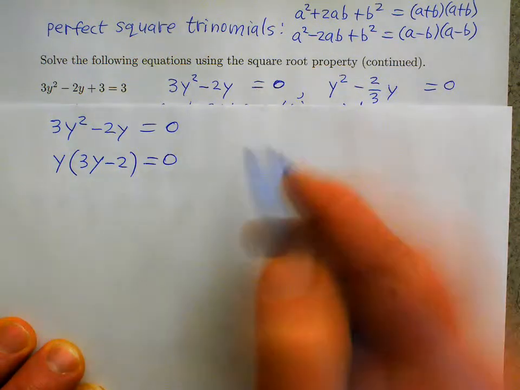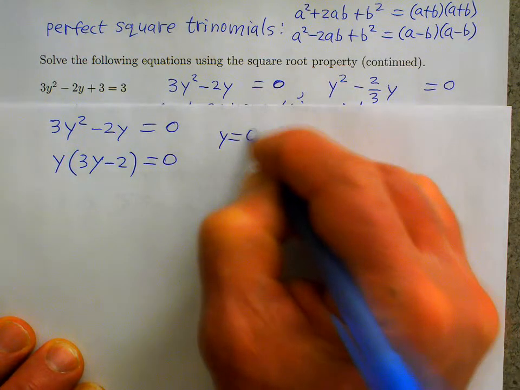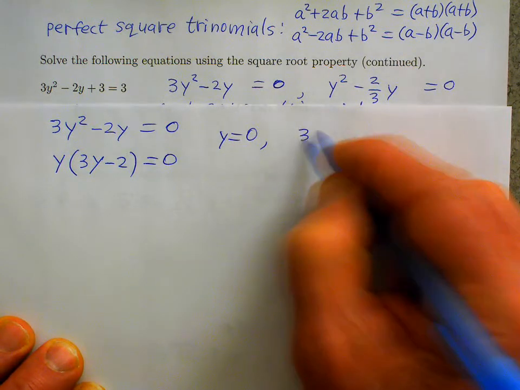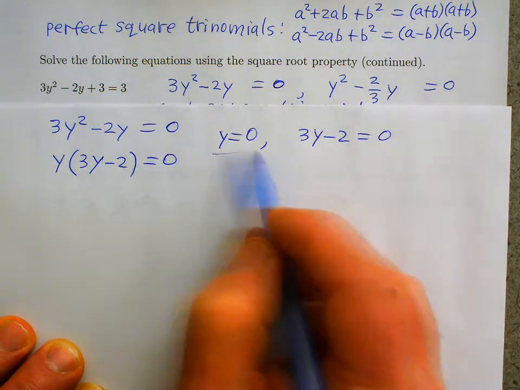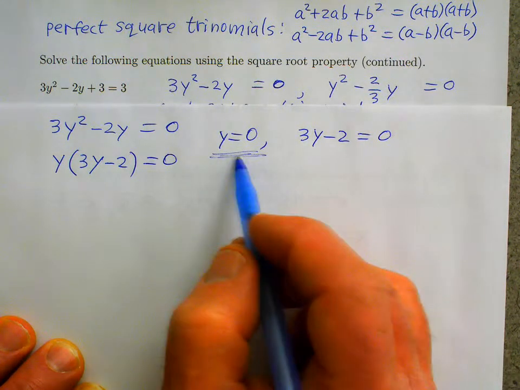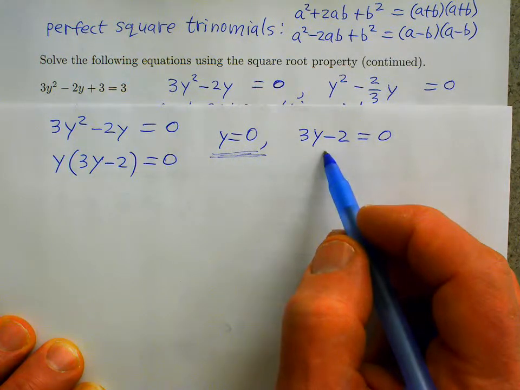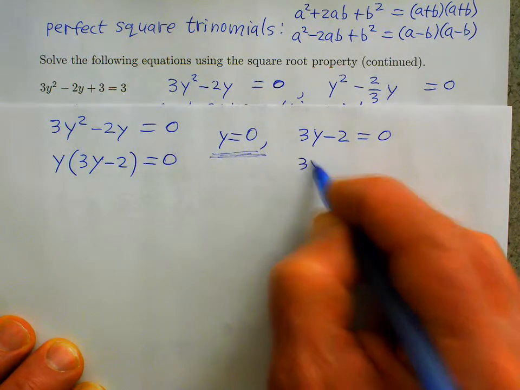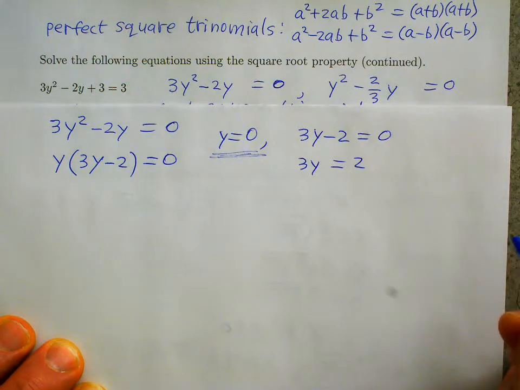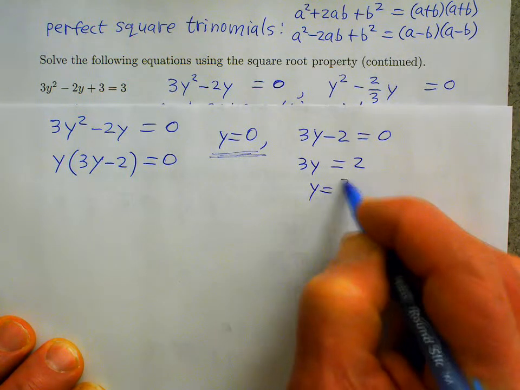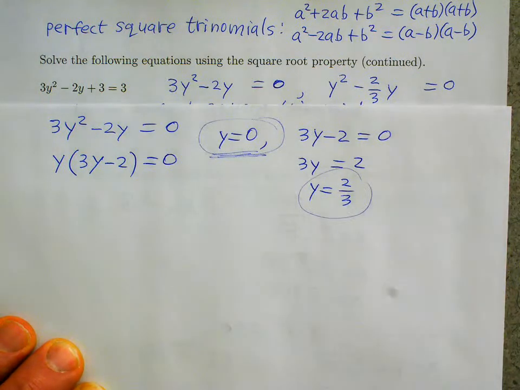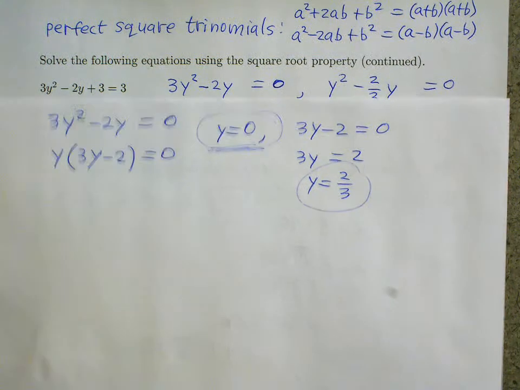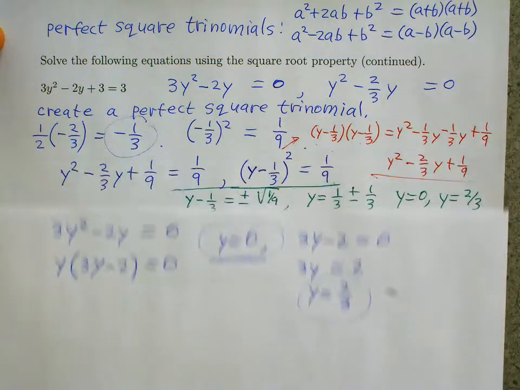Then we set each factor equal to 0. y equals 0 is a solution. And on the other, 3y minus 2 equals 0, we add 2 to both sides, 3y equals 2, then y equals 2/3. Those are the same two numbers that we got by going through this process of completing the square.